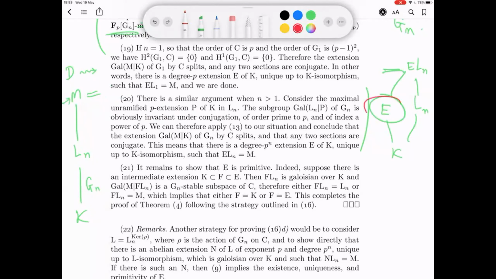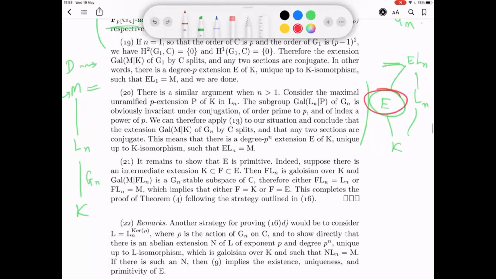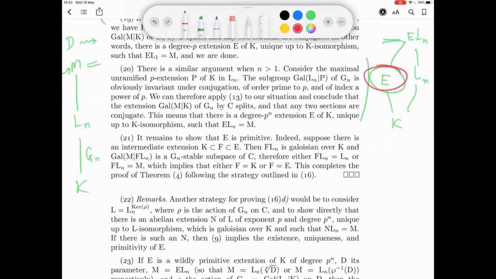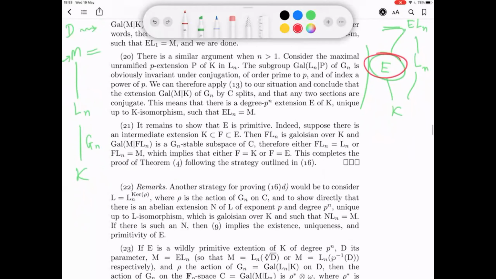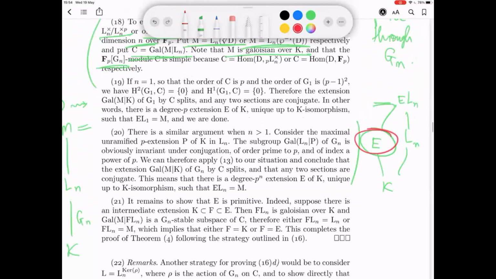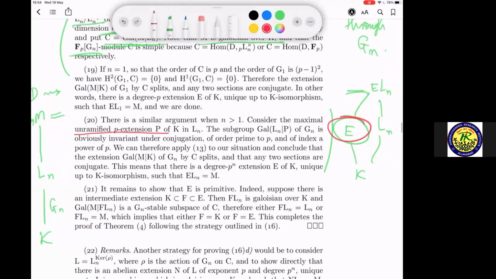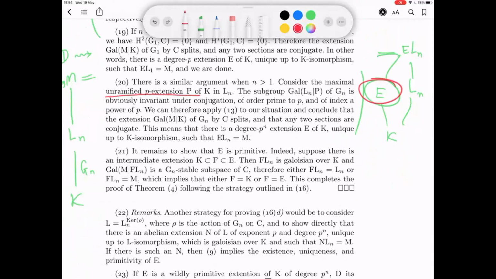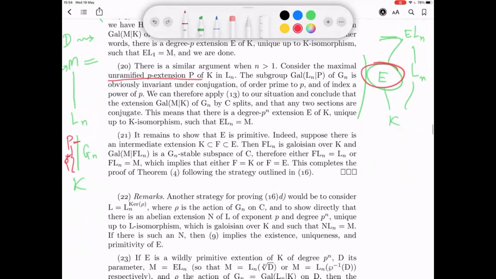What we are given is this M, and we have to find this E. Okay, right? So the argument is something like this. You take the maximal unramified p extension of K in L_n. L_n is here, so you have this P, and this is a p extension. Its degree is some power of p.